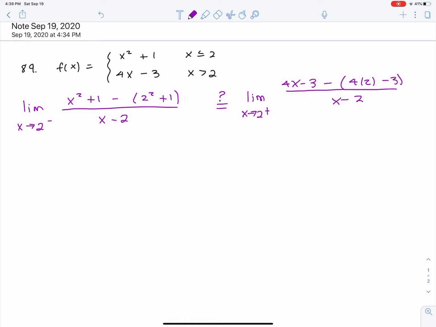The question really is, are those limits the same? The alternate form of the derivative is really good to check that, because if the limits aren't the same, then this thing doesn't work. So let's see what we got here.